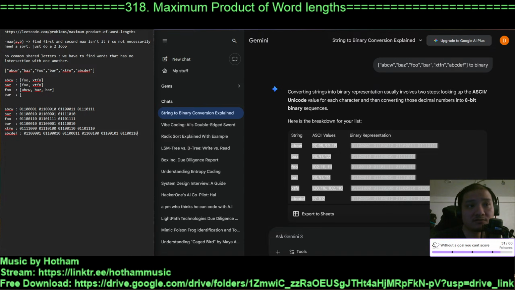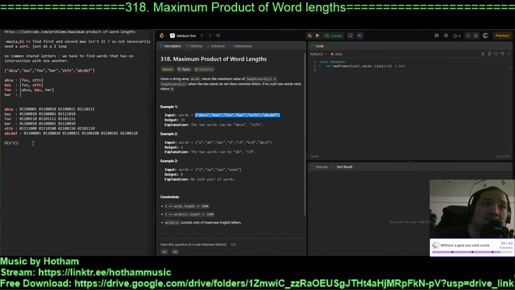Right? An O(n squared) solution would just do, for each character here, XOR them together, if they are not zero, right?